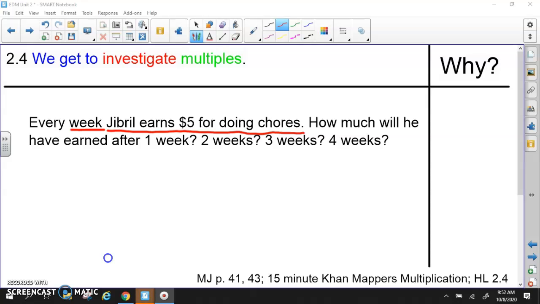So after 1 week it's $5, and then 2 weeks 10, and then 3 weeks 15, and then 4 weeks 20.